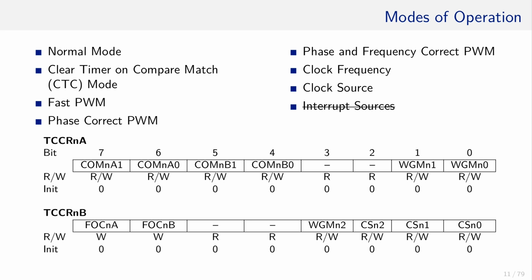Further, there are 3 different flavors for the PWM mode, that is fast PWM, phase correct PWM, and phase and frequency correct PWM. We can also configure the clock frequency and its source, interrupts, and what kind of waveform to be generated.